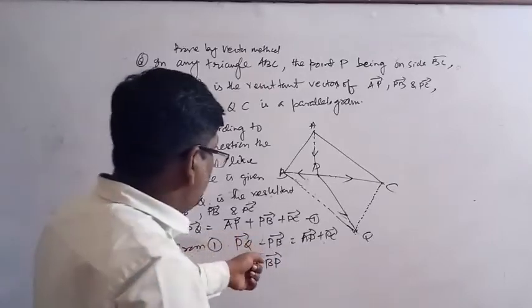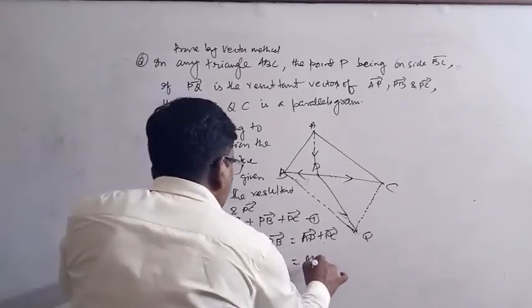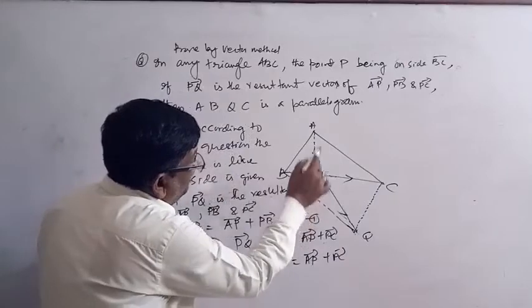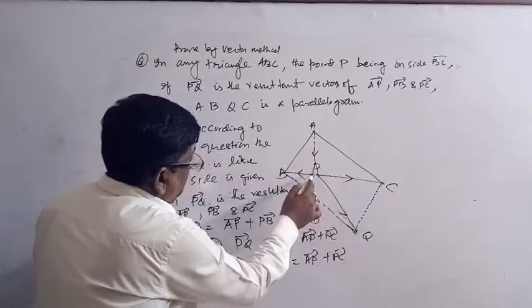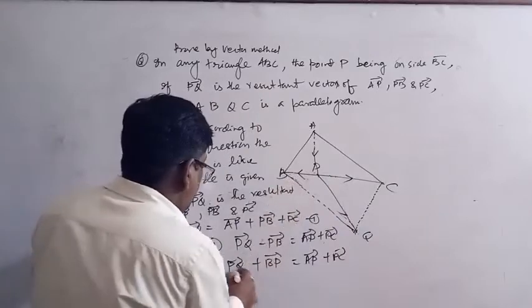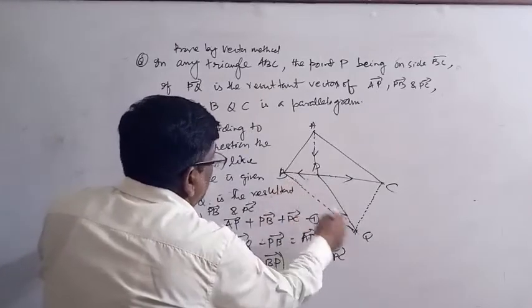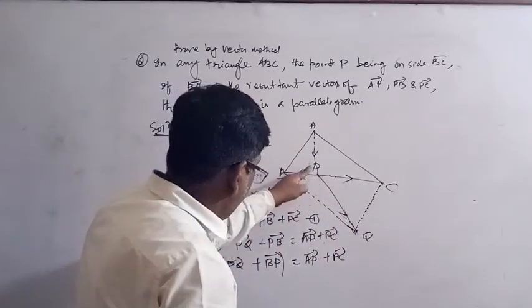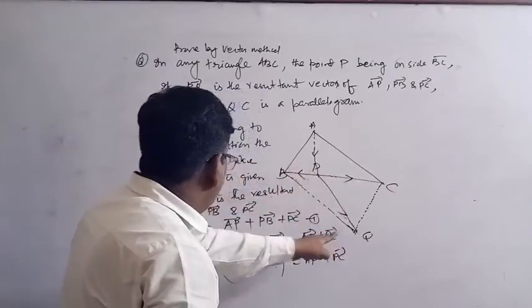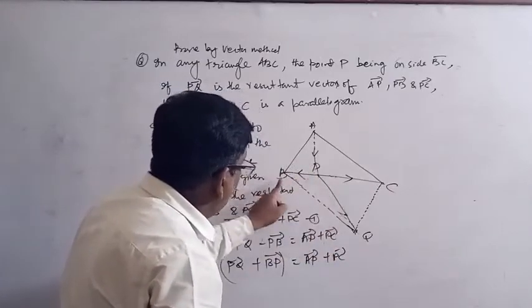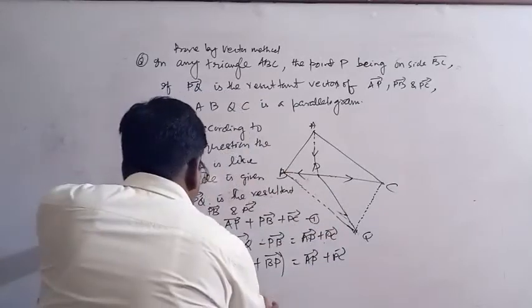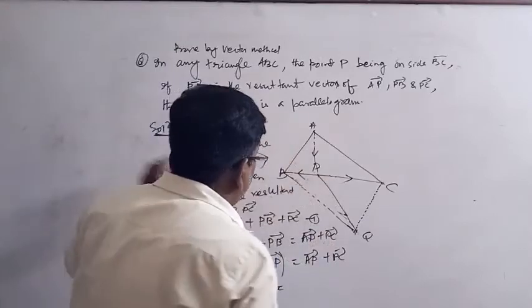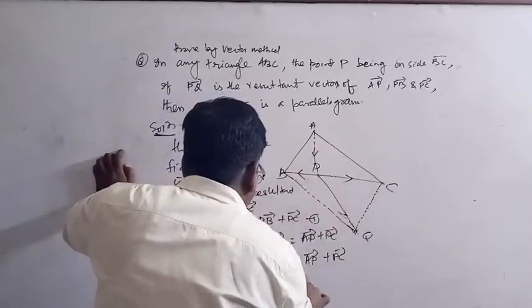PQ plus BP, by the triangle law, is equal to BQ vector. AP plus PC is equal to AC vector.